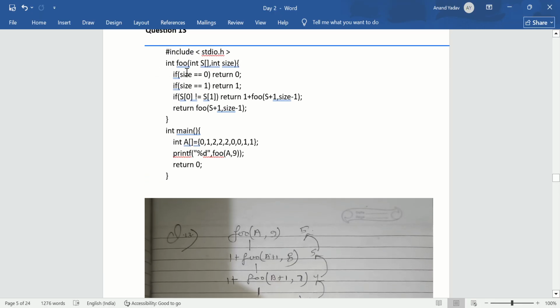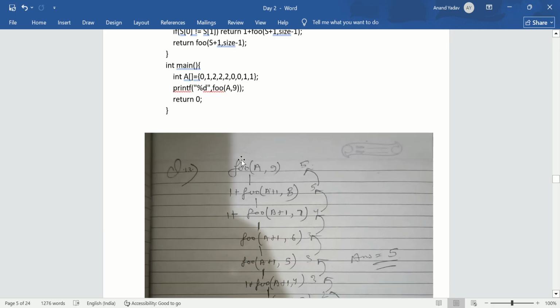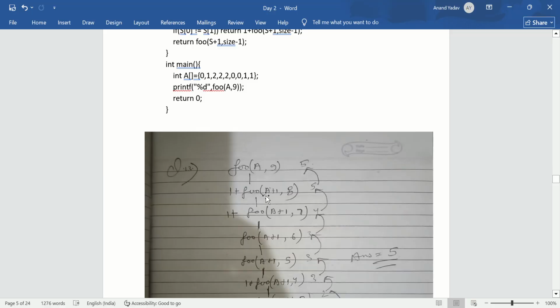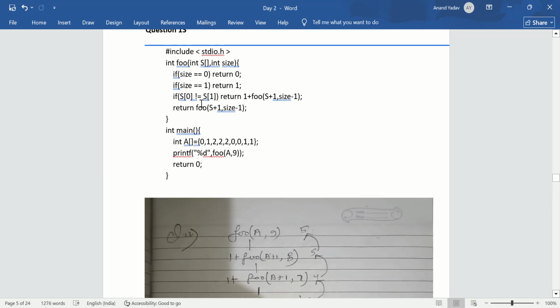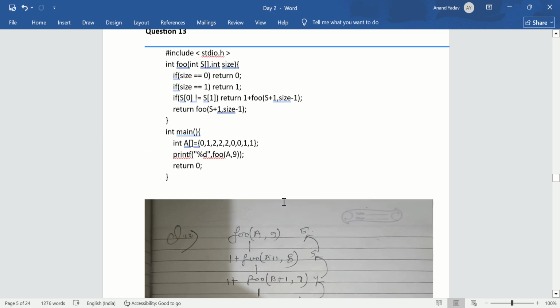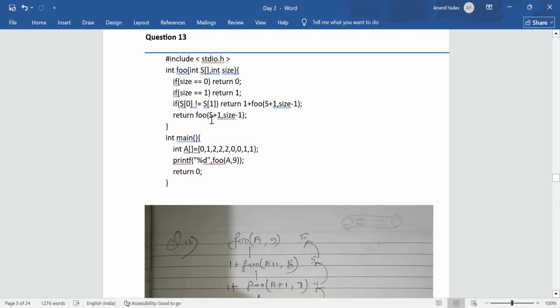Now this foo function is called in the main; an array is given 0 1 2 2, and this is for its length. Then it will go for the first if: if s0 is not equal to s1, then this function is called, 1 plus foo of size.